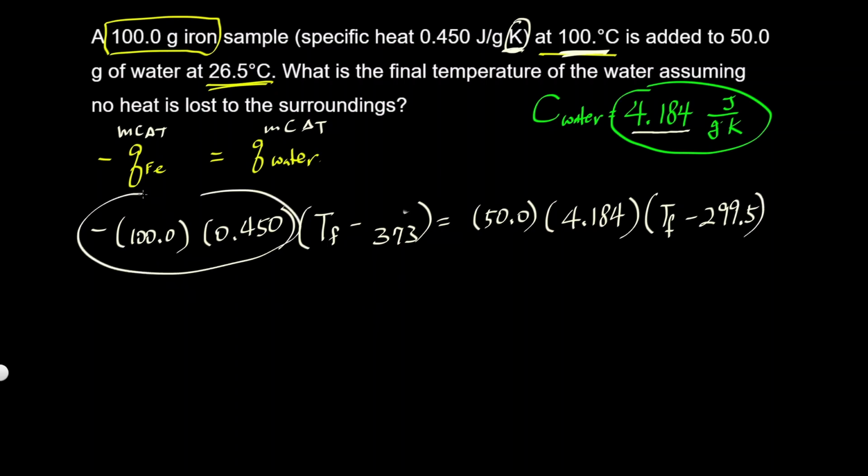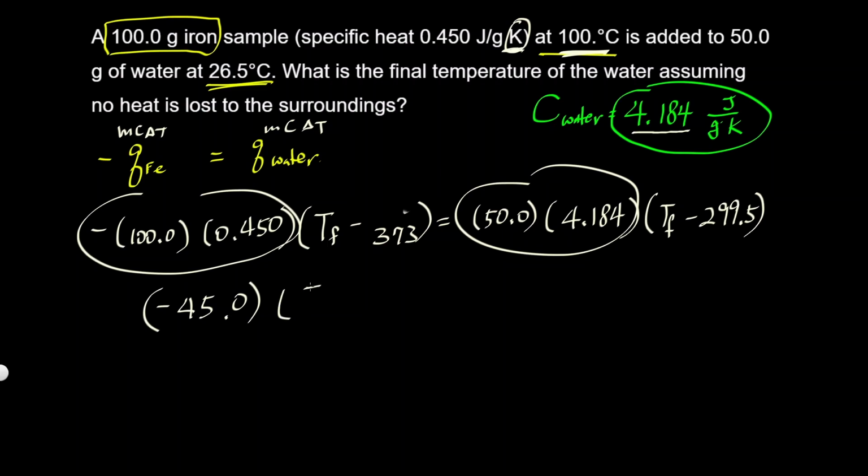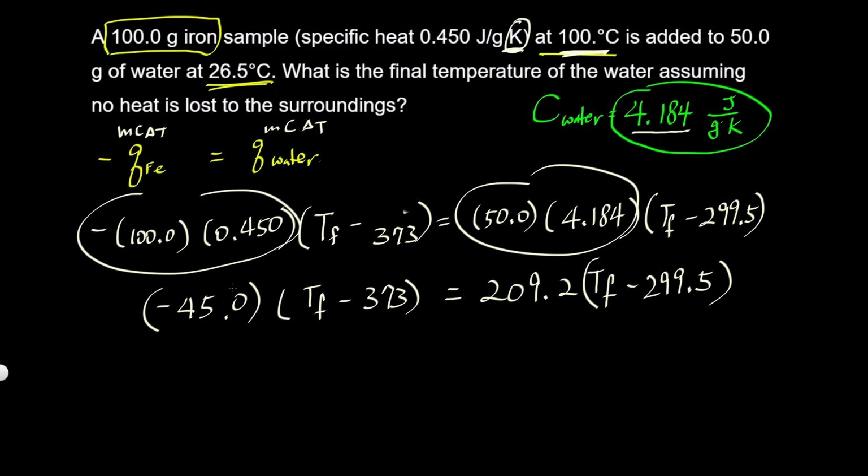Okay, so let's multiply these two and simplify. So this is going to be negative 45.0 times T final minus 373. This is going to be 209.2 times T final minus 299.5. Okay, now let's distribute.